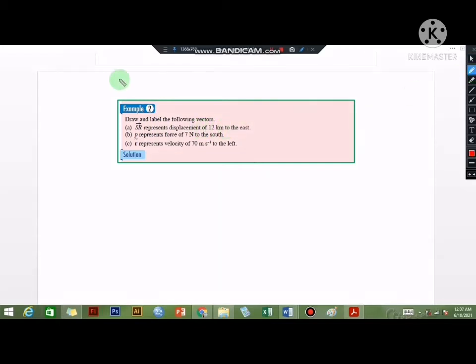Before that, this is north, west, south, east. So to the east is to the right. You draw it like this. This is S, sorry, this is R.